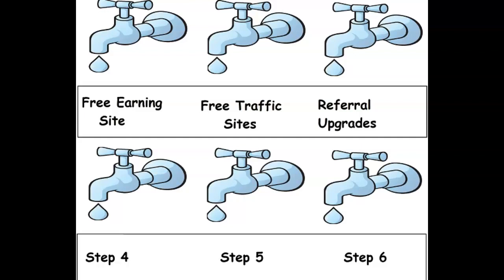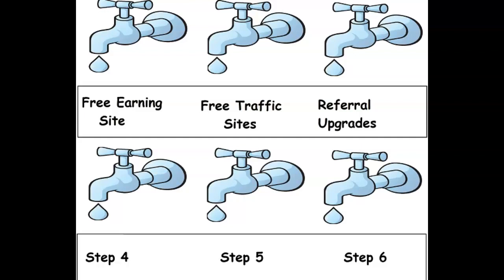So you're going to be earning cash and advertising credits from your own activity levels on there. And you're also going to be earning cash commission from your referrals activity levels, as well as advertising credits. Income stream number 3 is from your referral upgrades. So once you have got those 3 in place, then you can move on to step number 4.